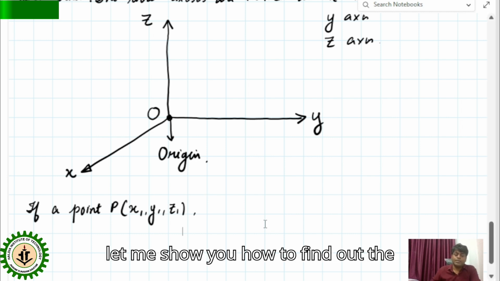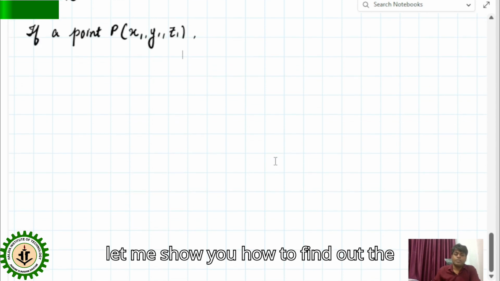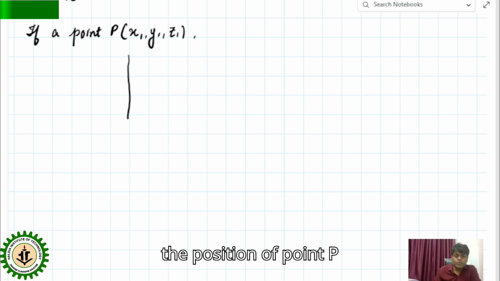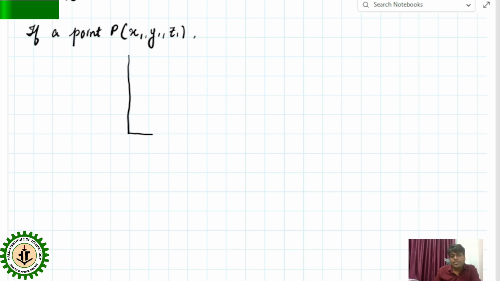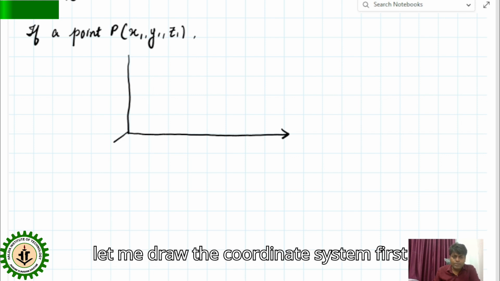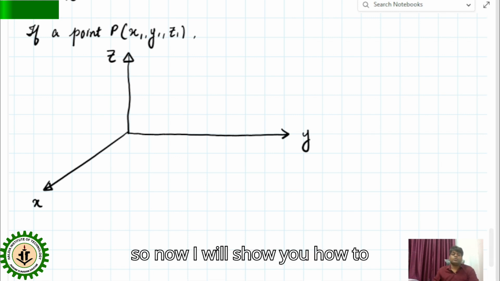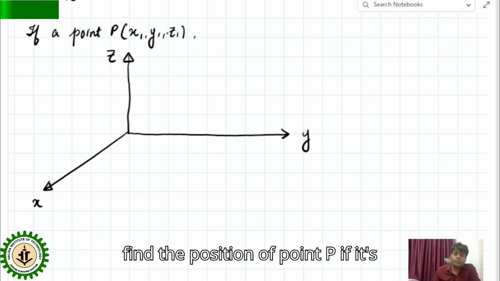So let me show you how to find out the position of point P. Let me draw the coordinate system first of all. X, Y, Z.